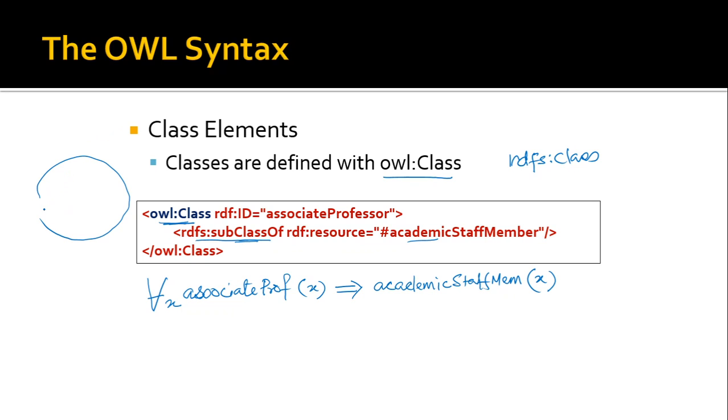We have a set which is the academic staff member, and this is the set of associate professor, right? So we are saying that something that is a member of the associate professor class is also a member of the academic staff member class, but not vice versa. So that means we should represent this using a forward implication, right?